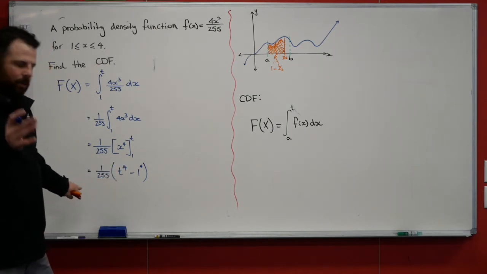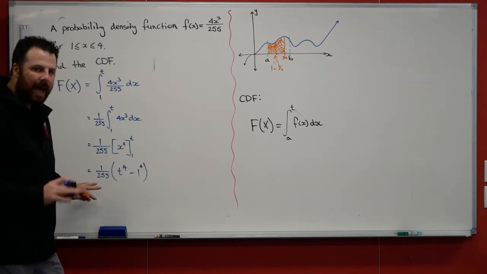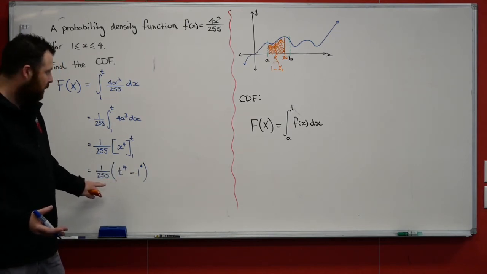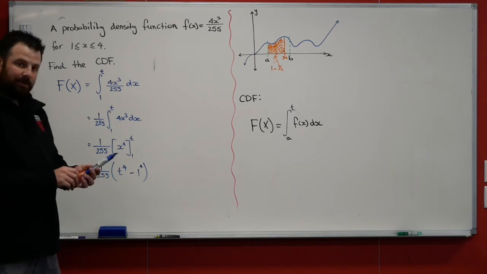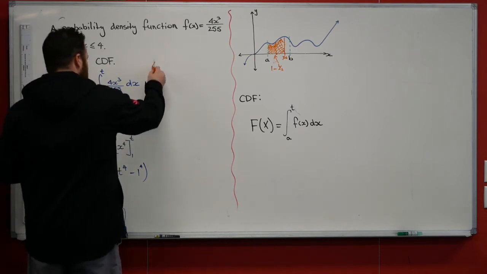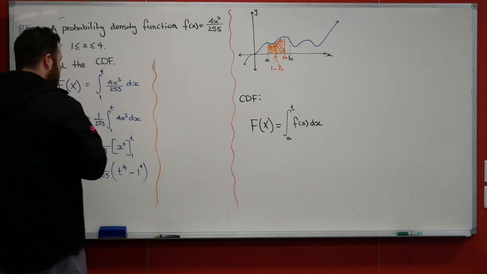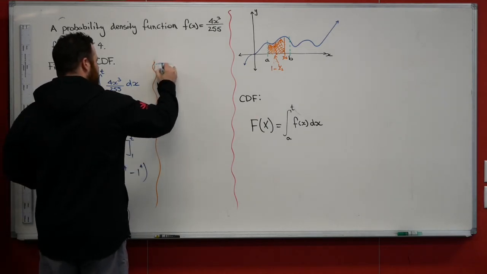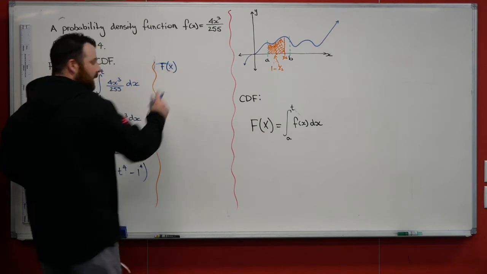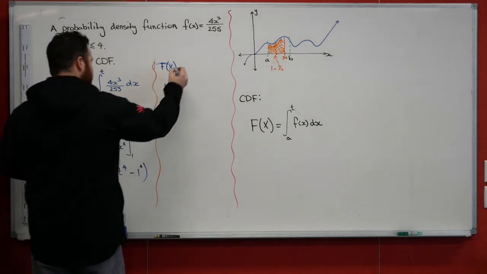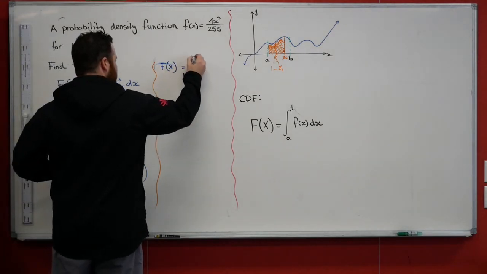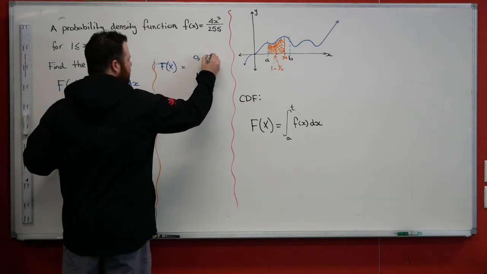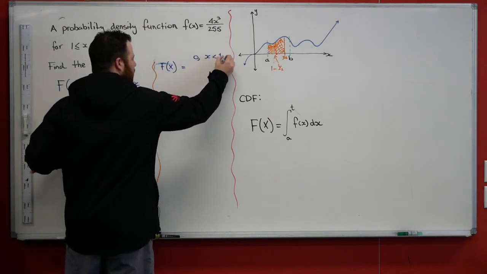What we now need to do is look, can we simplify this algebra anywhere if there needs to be? Well, if I have a look at this, this algebra is already simplified. So coming up here, what we have now is capital F of x is equal to 0 for values of x less than 1.